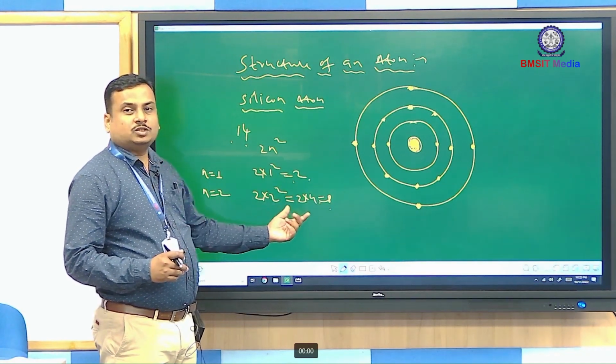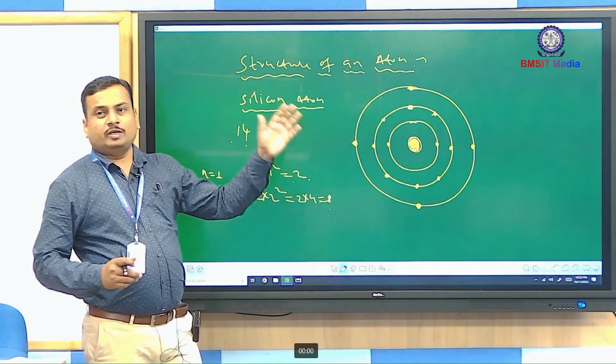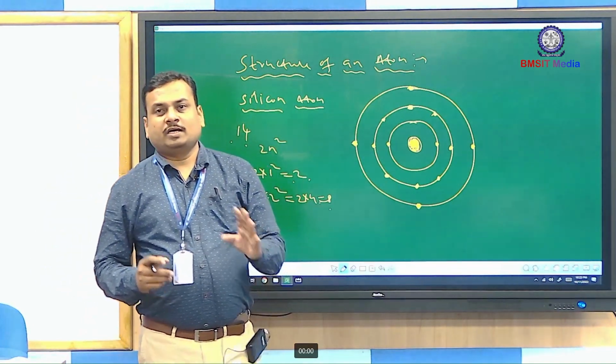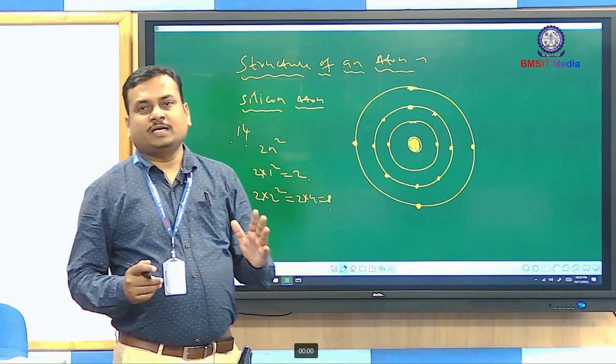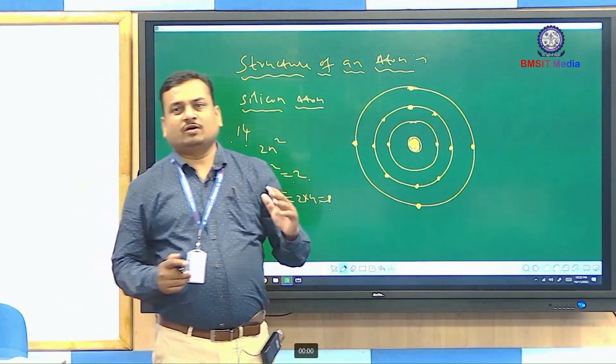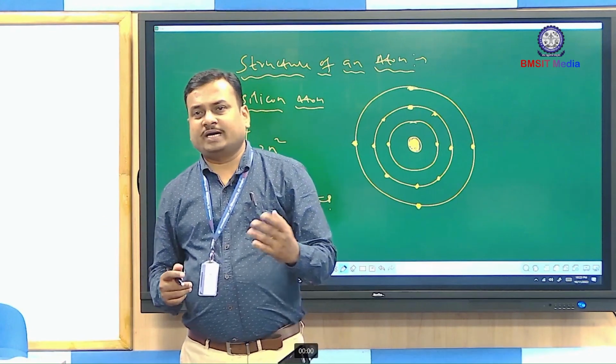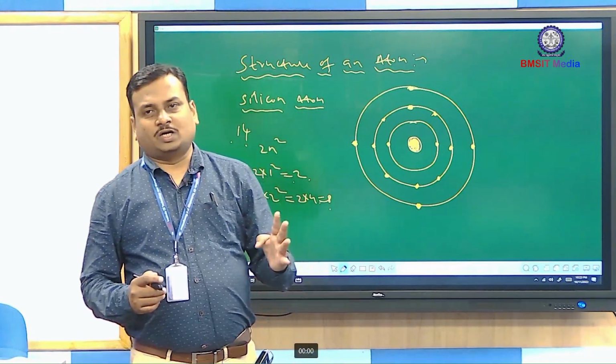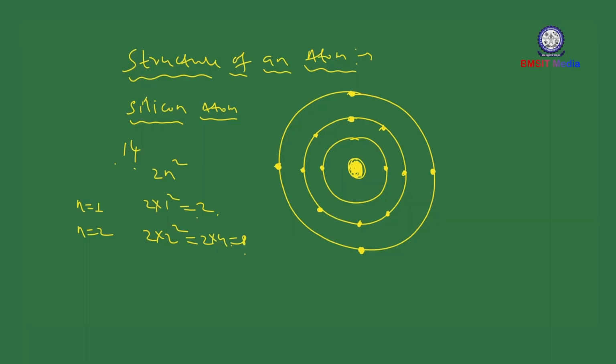So 32 minus 28, 4. So in the fourth orbit, you will be having again 4 electrons. So that is the example of an intrinsic semiconductor, because in the fourth orbit of this germanium atom, again we have got 4 electrons. So this is the structure of an atom.